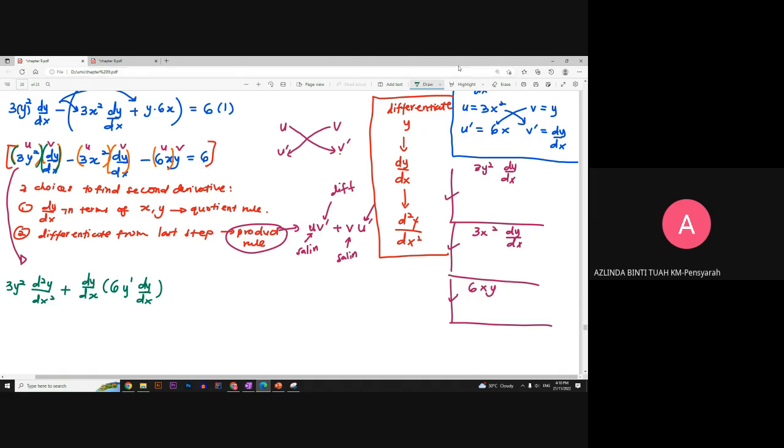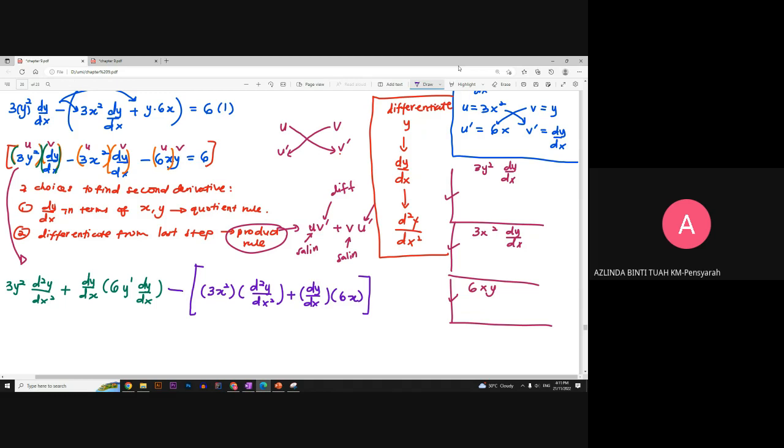Okay, sekarang saya akan gunakan pen lain supaya kamu boleh nampak perbezaan. Second term sekarang, U, with a big bracket, U, V prime, plus V, U prime. Okay.